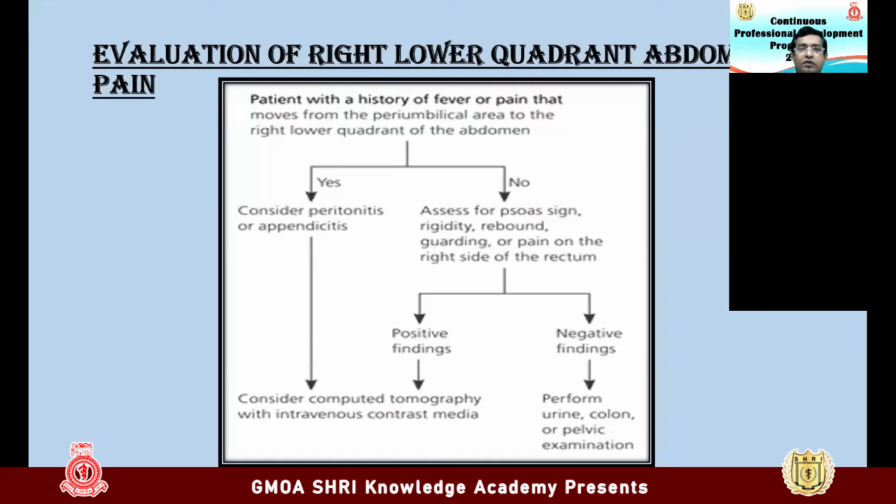Depending on the area of pain and the history the patient gives you, you can develop this kind of flow chart, which will make your life easier to come to some understanding and to plan the management of these patients. These are basic flow charts for you to have an understanding in your ward setup.